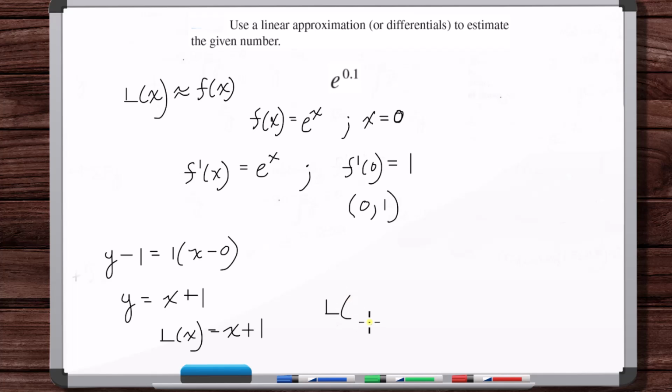So what is L of 0.1? 1.1. So we're saying that this is approximately equal to 1.1.